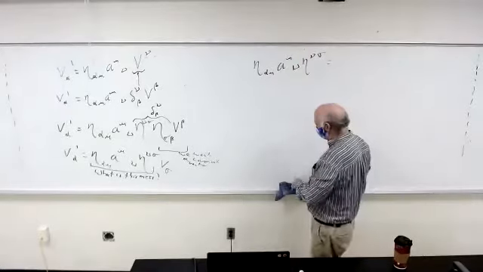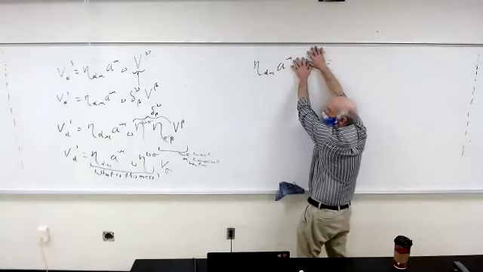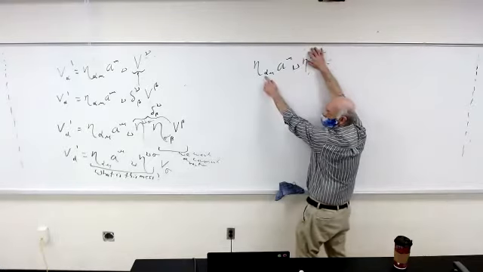If I covered this up, what would you say that does here? It turns the upper index into a subscript mu? Which one? The alpha, that's right.